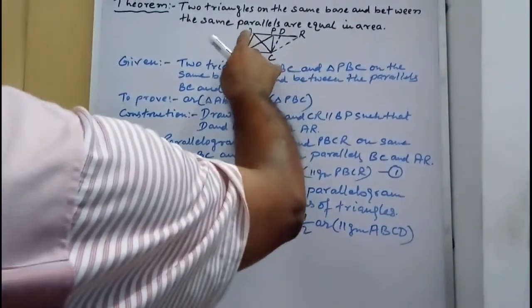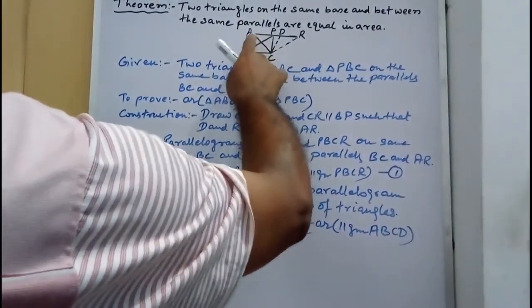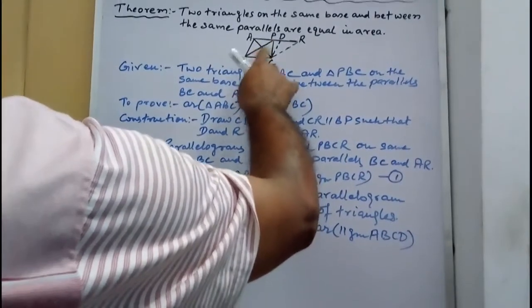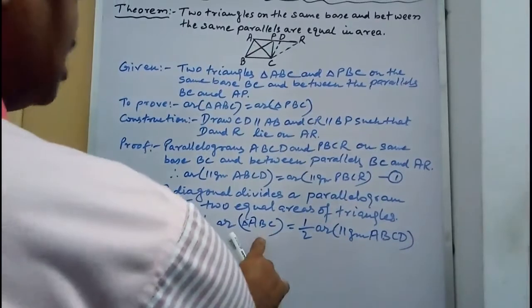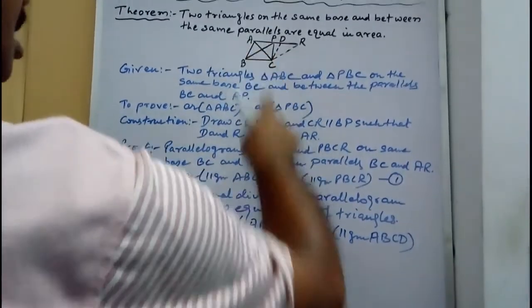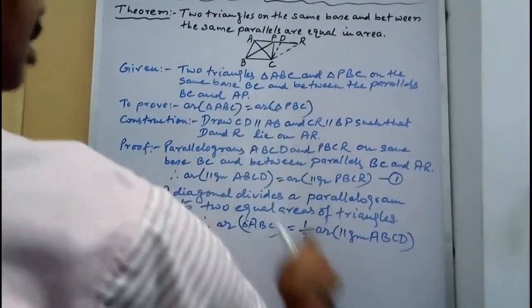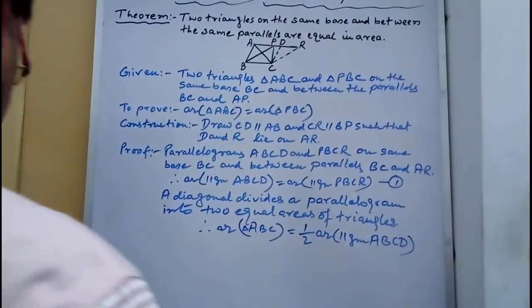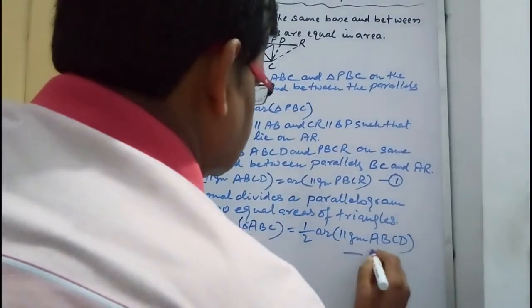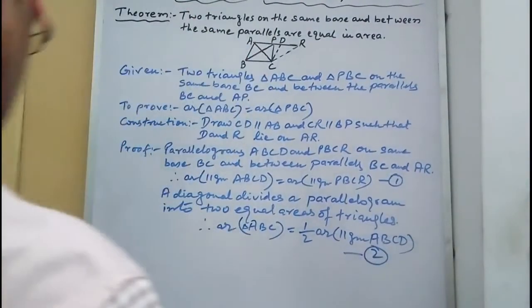ABC and ADC, AC divides it into two equal parts. That means one part is half of the total, that is half of area parallelogram ABCD.